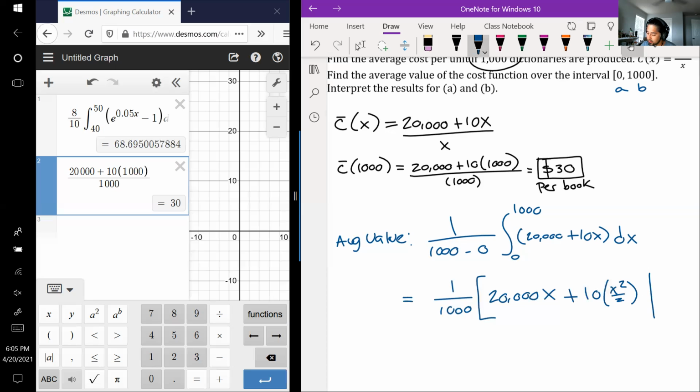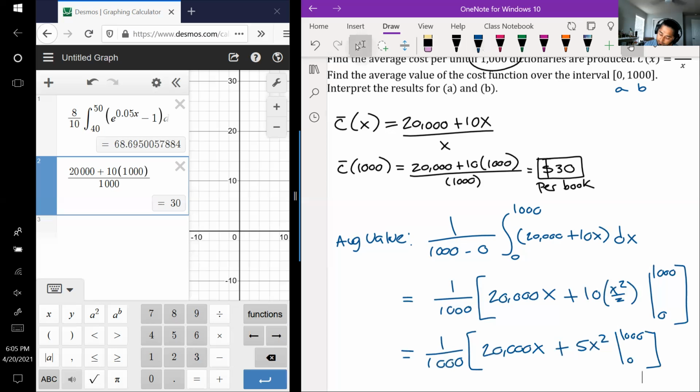And we evaluate this from 0 to 1,000. One last cleanup, just to make it look pretty before we plug everything into the calculator: 1 over 1,000 times 20,000x plus 5x squared, evaluated from 0 to 1,000.